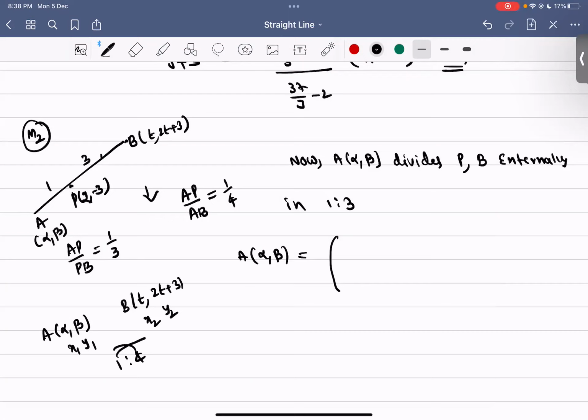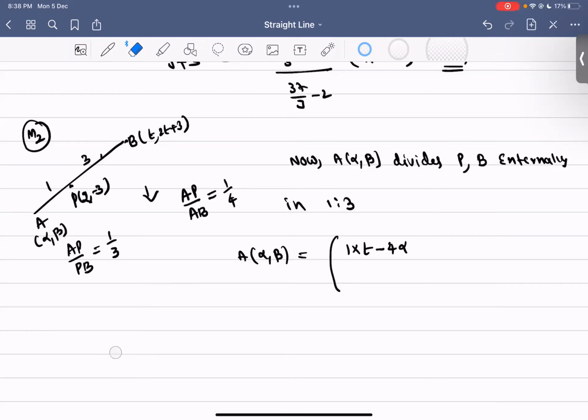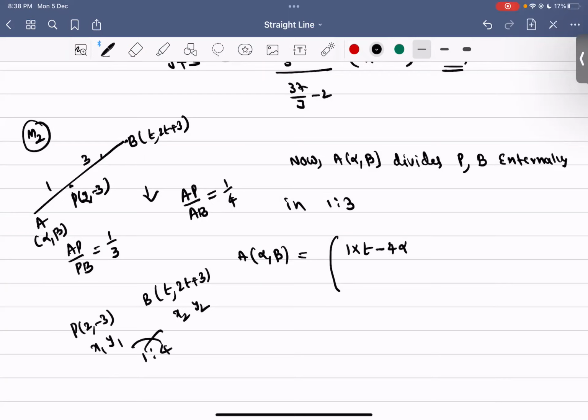Now mx2 minus nx1 by m minus n. x2 is T, n is 4, x1 is 2. So m x2 is 1 into T, minus n x1, which is 4 into 2, over m minus n, 1 minus 4.